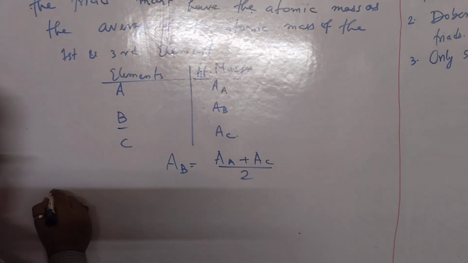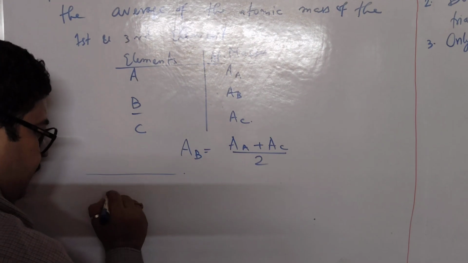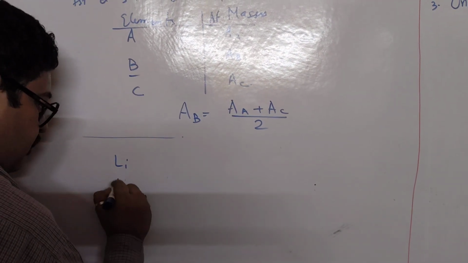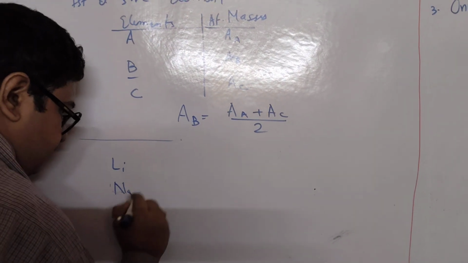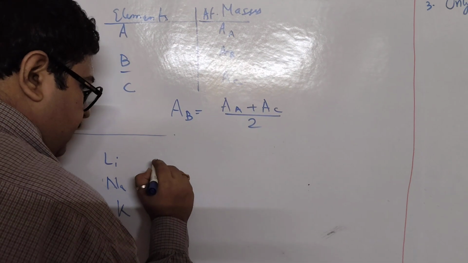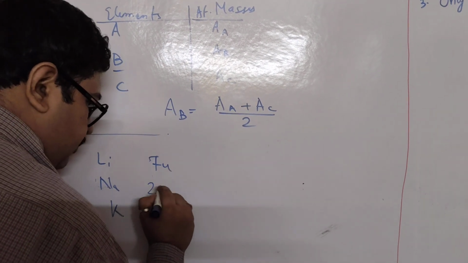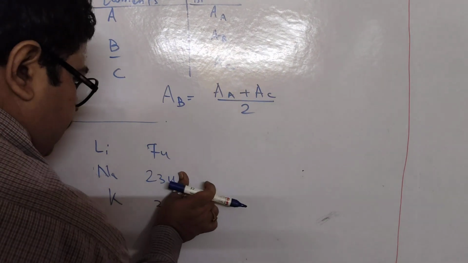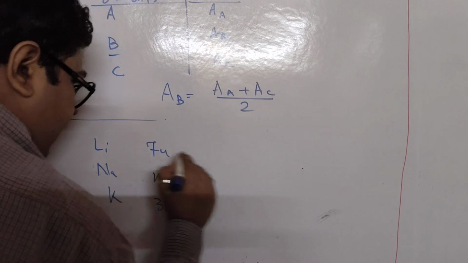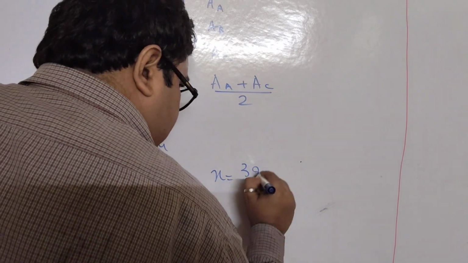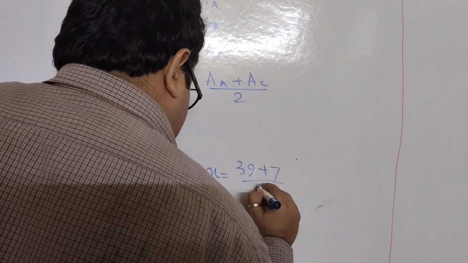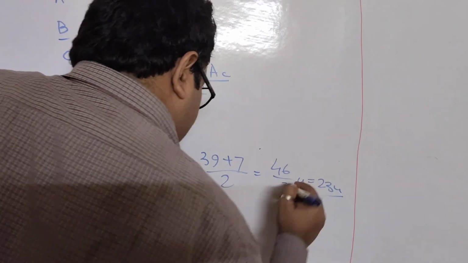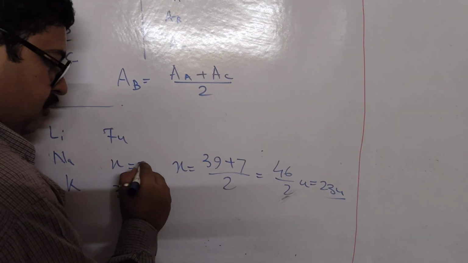Now just coming to an example, you take lithium, sodium, potassium. The mass of lithium is 7, sodium is 23, potassium is 39 U. Now if you try to find out the mass of sodium, let this be X, then X equals (39 plus 7) by 2, this is 46 by 2 U, equal to 23 U. This is actually the mass of sodium.